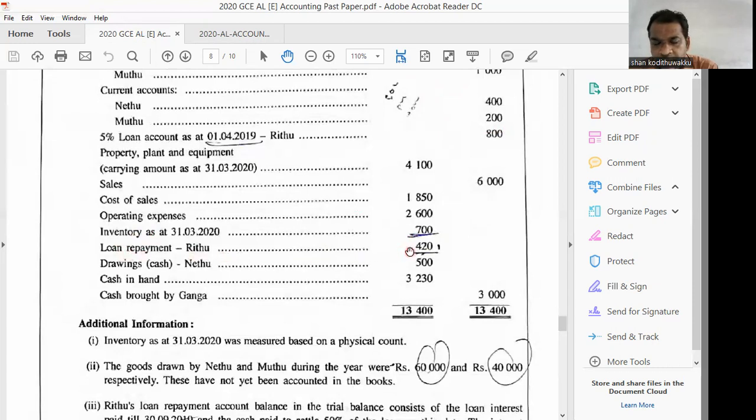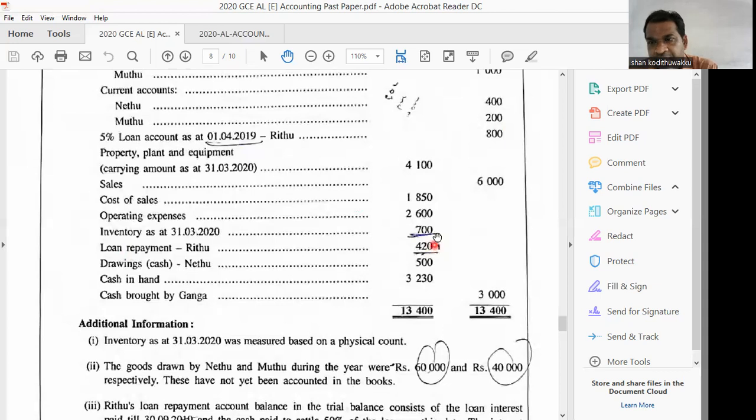It is included both loan amount and interest due for the first 6 months. Loan amount 50% out of 800 is 400, plus interest due on first 6 months 20. 800 into 5% into 6 over 12 equals 20. They have included both capital and interest portions in this 420.